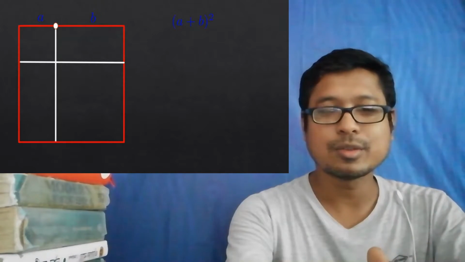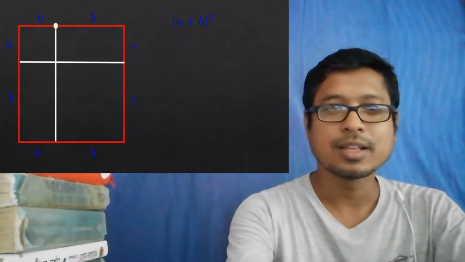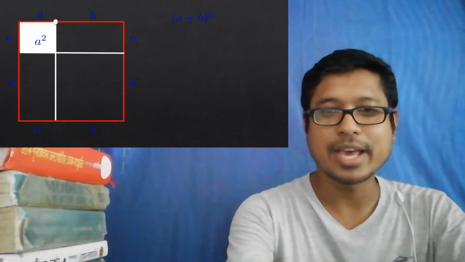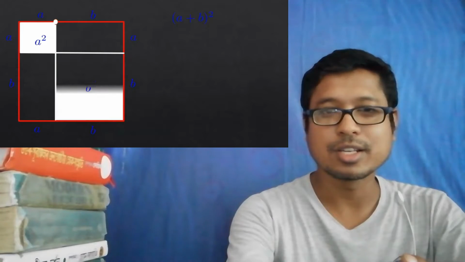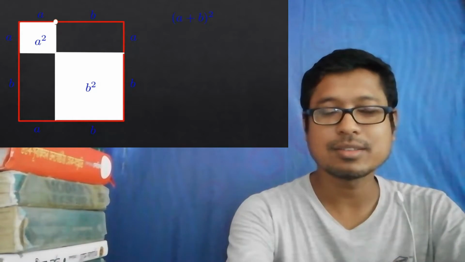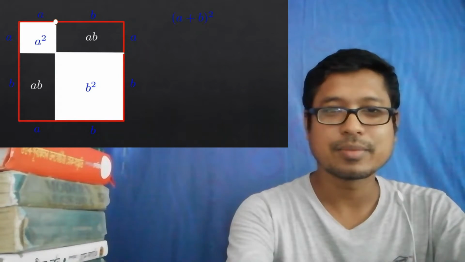Then the sides with length are shown in the figure. The area of the small square, as you can see, will be a², and the area of the bigger square is b². And we have two rectangles, and the area of each of those rectangles will be a times b.